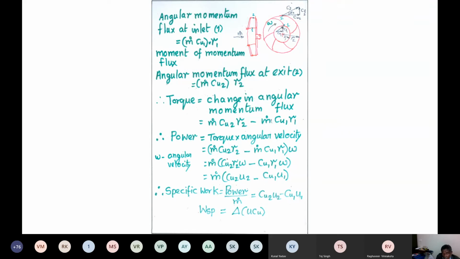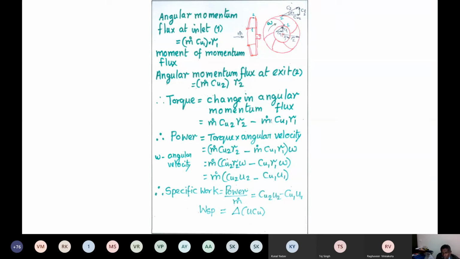Next line is angular momentum flux at exit. That is equal to m dot Cu2 into R2. Again, momentum flux at exit. M dot Cu2 into R2 gives you moment of momentum flux. Now torque is equal to change in angular momentum flux.